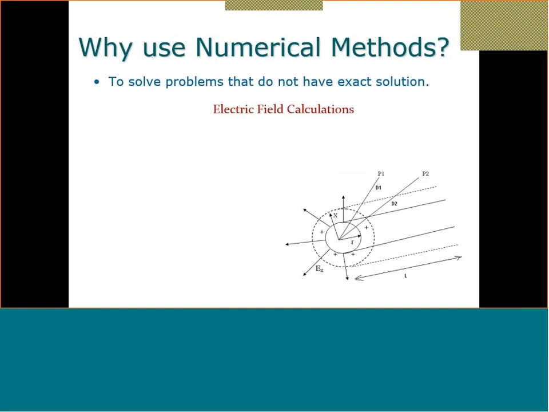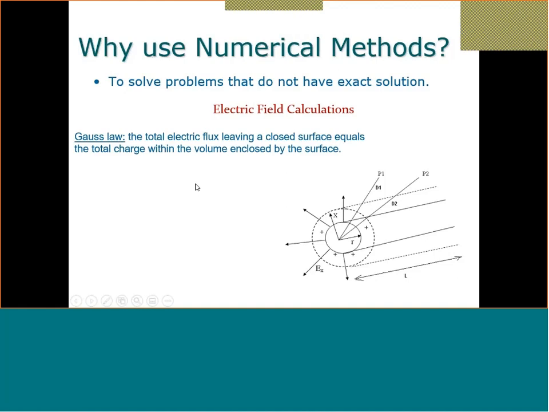Take this example you studied in physics, when we try to find the electric field around a conductor. We use Gauss's law, if you recall from physics. Gauss's law says that the total flux leaving this closed surface is equal to the charge enclosed within this volume.